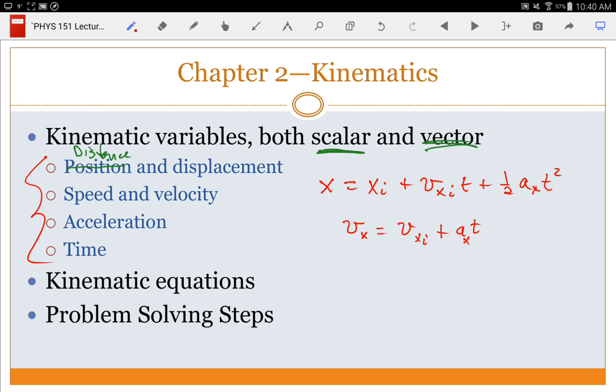Or if we're not relating time, then we would use that equation, which you see written in a number of different ways depending on what you're looking for. But those are the three common kinematic equations we use, and the lower two we use when we're missing a variable and don't care about that variable.